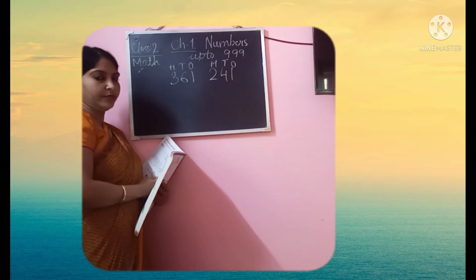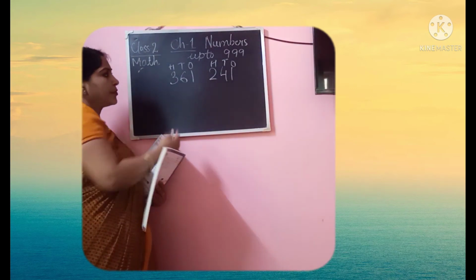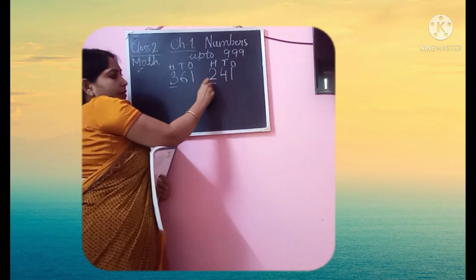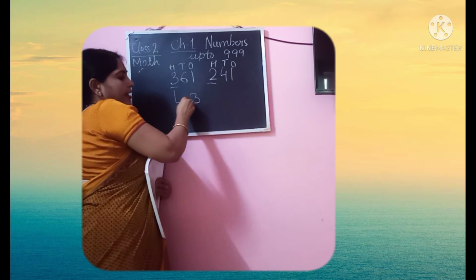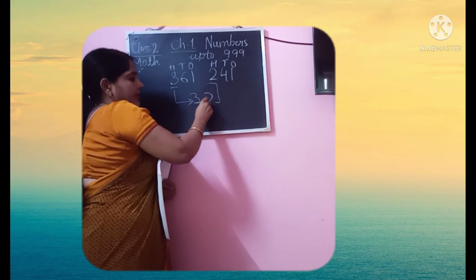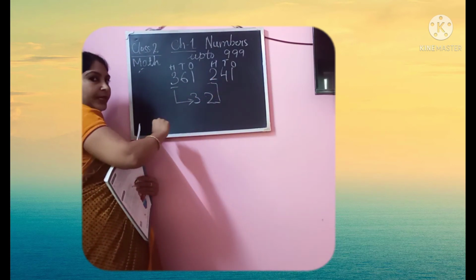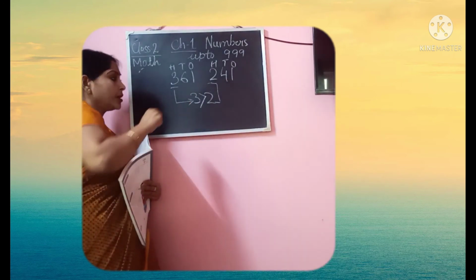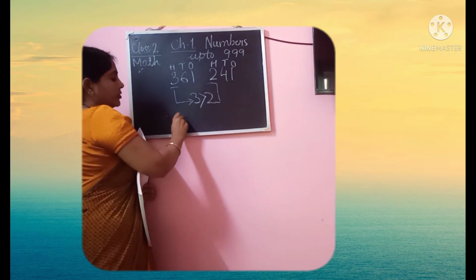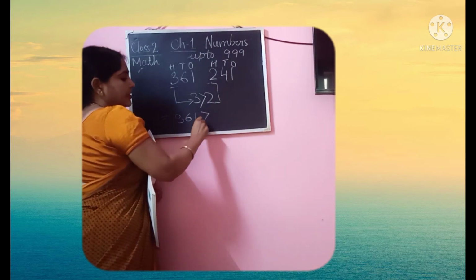How will you compare which one is greater and which is smaller? So we will see the highest place value. In this number it is having 3 and in this number it is having 2. So which one is bigger? 3 is greater than 2. So we can say therefore 361 is greater than 241.